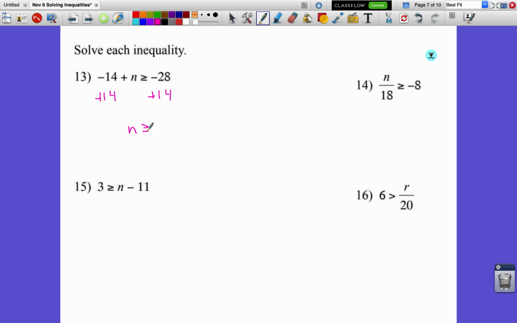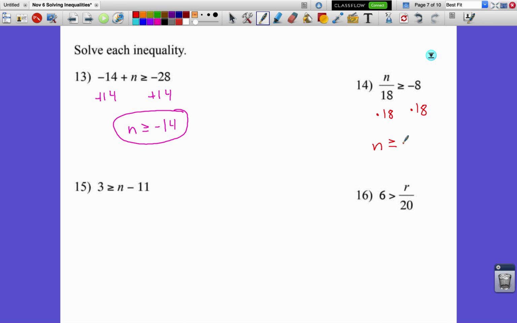So here I've got n is greater than or equal to negative 14. And I'm done. I've isolated the variable on one side of the inequality symbol. Here, to get rid of that divide by 18, we've got to multiply both sides by 18. And I get that n is greater than or equal to, let me get on my calculator for this one, negative 18 times 8 is 144.